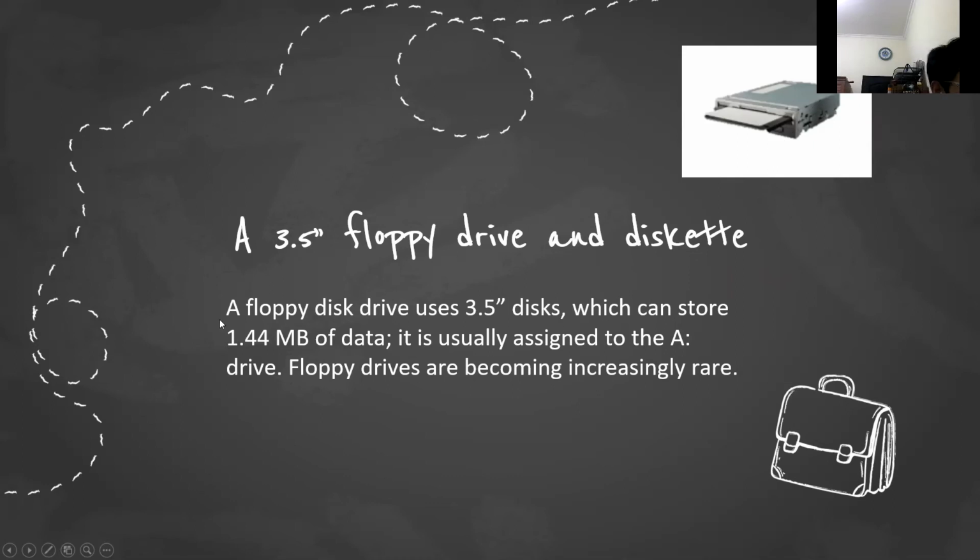A floppy disk drive uses a 3.5-inch disk, which can store 1.44 megabytes of data. It is usually assigned to the A drive. Floppy drives are becoming increasingly rare.